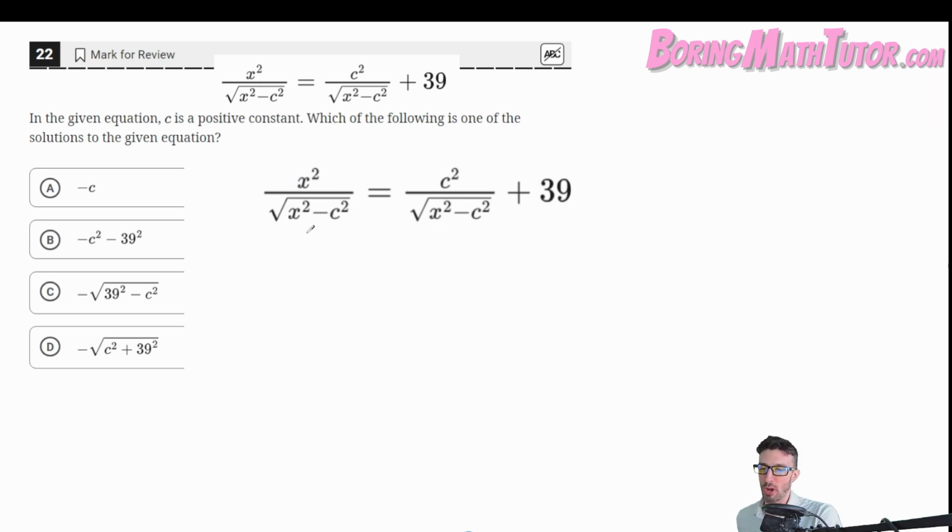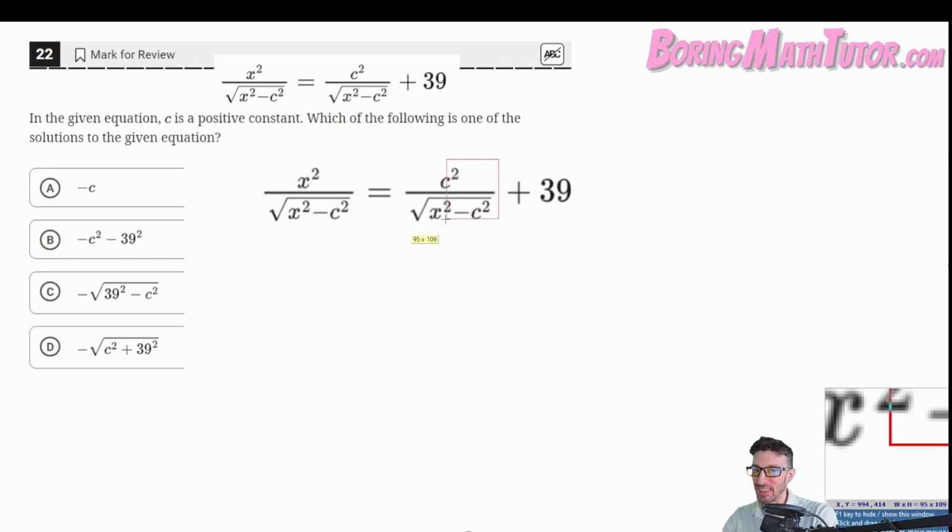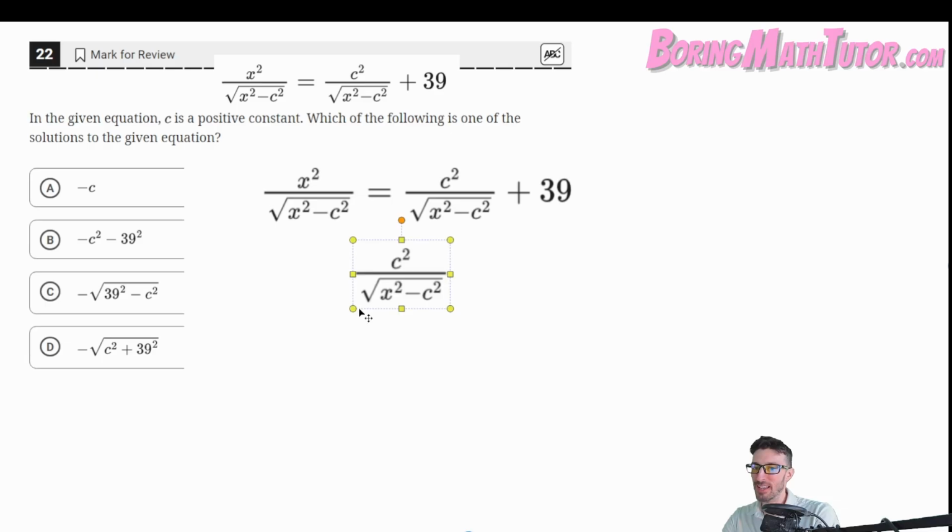But here's a trick. I see x squared minus c squared right here. And if I were to subtract this entire guy to the left side, I'm going to keep this other guy on the left side, but if I subtract that guy to the left side, it's now minus.